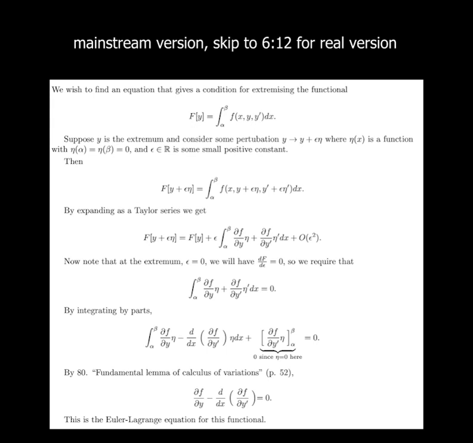So, we have this function right here, and I'm going to call it capital F of y, and it's going to be the integral from alpha to beta of f of x, y, y prime dx. And this f of x, y, y prime here, essentially we're inputting a function y, and then we have some kind of relation between x, y, and y prime.